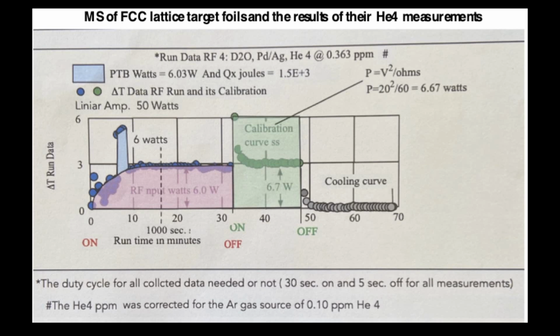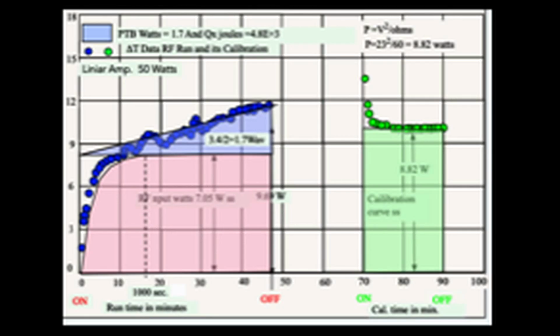Gases collected from the saturated argon gas phase over the cavitating D2O in the RF reactor were measured. Note, the 6-watt 250-second heat pulse fits the helium data. Run RF3 helium-4 found in HOH needs more work.